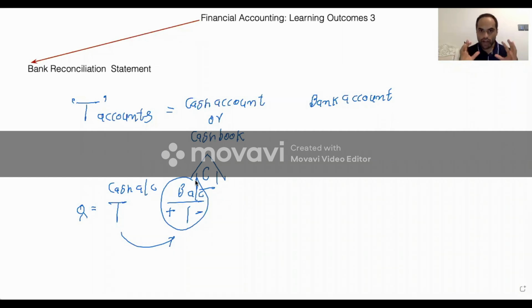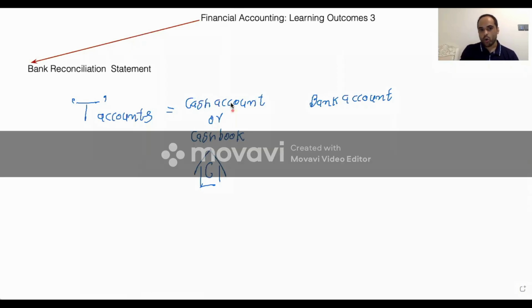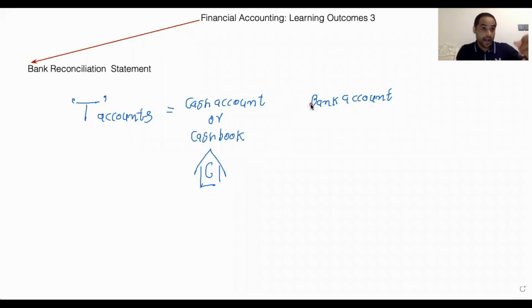Okay, so I repeat again. Remember, that's the company. The company has the right to make changes only in this cash account, this cash book, because the cash account or cash book is prepared by the company. The company does not have the right to go to the bank and start making changes in your bank accounts.